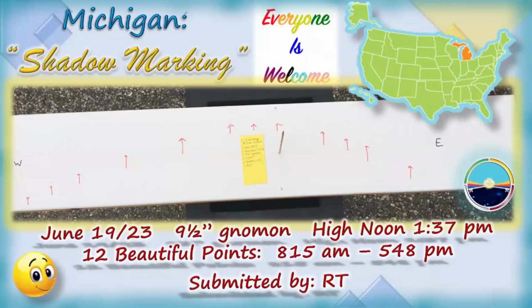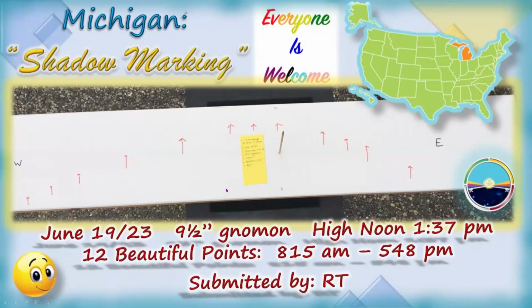Okay, this is from Michigan, submitted by Rebecca. She's really excited about marking. I think this is one of her first ones after she marked for the shadow in March. She had good markings, good data, but she's still practicing. You can see here, this is June the 19th, really close now to the summer solstice.